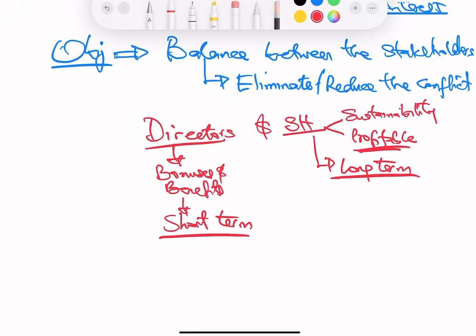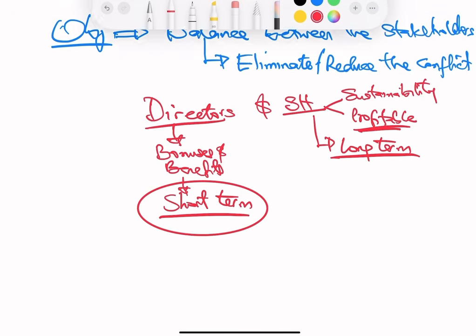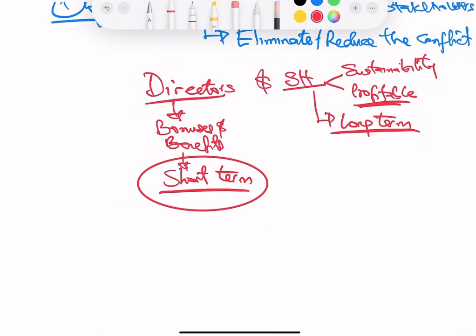Shareholders are ready to make sacrifices today to get the reward for many years to come. But these guys won't make any sacrifice today because their benefit is short term. They want it now. They want their benefit right away. Give it to us now. So they are ready to do things that will make them earn so much bonuses and benefit, even if it is at the expense of the long-term goal of the company.